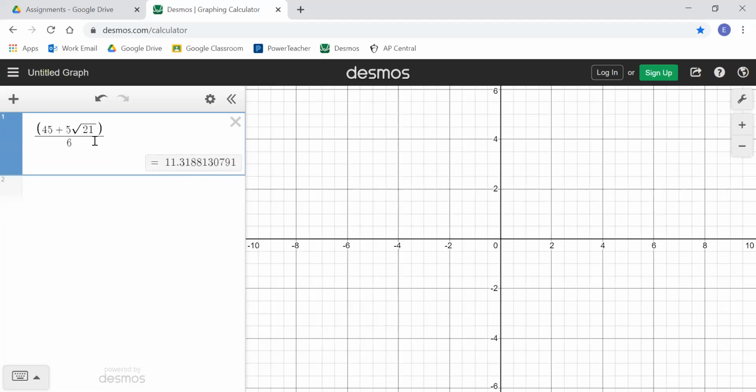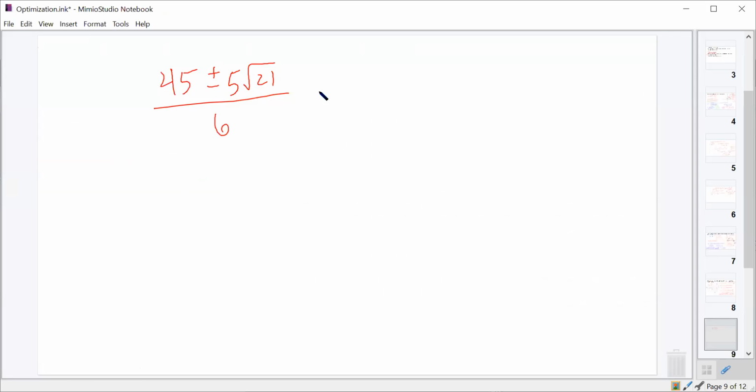No. No, so we actually need the minus, which is about 3.68. Yeah? Right there. So we'll use the minus because plus is not in the domain.